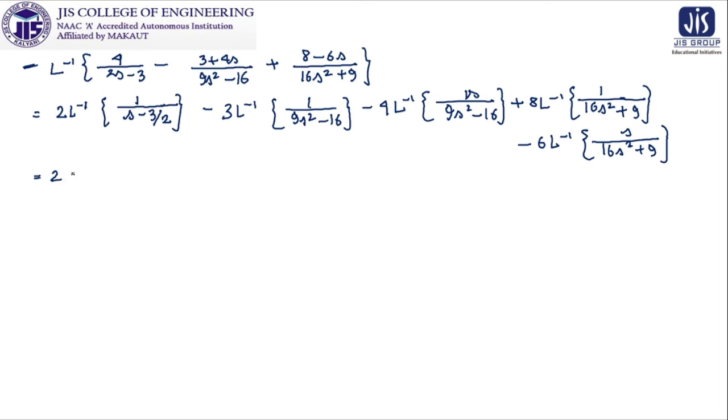Now I can write the first line as 2 into e to the power 3t by 2, because it is s minus a, so it will be to the power at, so 3 by 2 into t. Then minus, I can write the next part as 1 by 3, because I am taking this 9 out, as the formula has s square with no coefficient, so 3 by 9 is 1 by 3, then Laplace inverse of 1 by s square minus 16 by 9, that is 4 by 3 whole square.